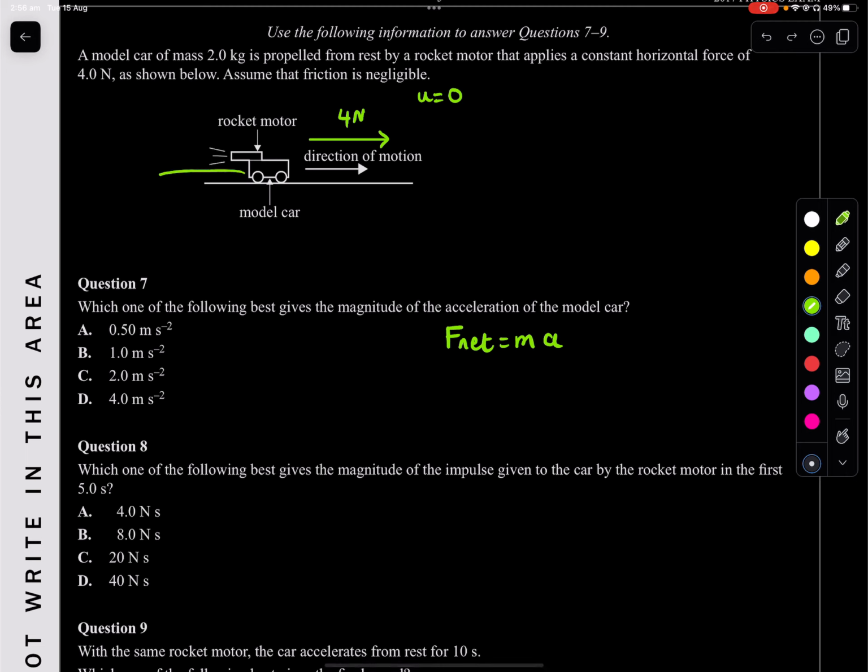Normally, there would be friction and some F value, and this minus this. But luckily, there's no friction, so it makes our calculations much easier. It's just 4 newtons, so you put 4 here. What's the mass of the car? 2. And therefore, our acceleration is 2 meters per second squared. So that will be C as your answer.